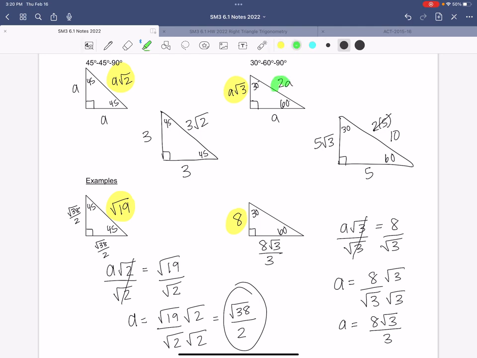This is twice that because I just found A. So let me go back. A was 8 square roots of 3 over 3, which means that this side is going to be twice whatever A was. So you just think about 8 square roots of 3 over 3. If I double that, it's just going to be 16 square roots of 3 over 3. Okay.